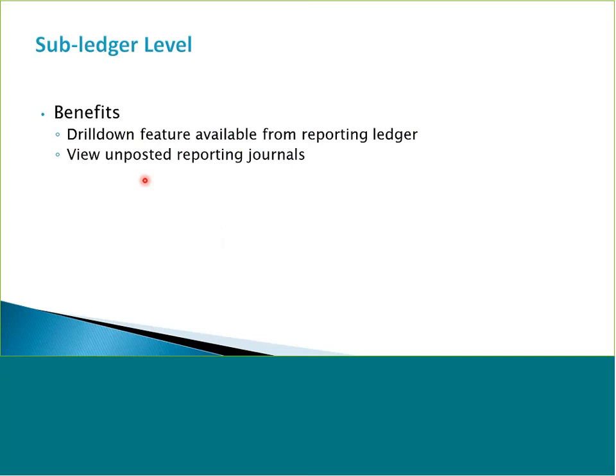Remember, for the journals level, once we post the journals in the primary ledger, that's when the foreign currency journals are produced and posted in the reporting currency ledger, which means we can't see the unposted journals in the reporting currency ledger. So those are the benefits of using the subledger level reporting currencies.